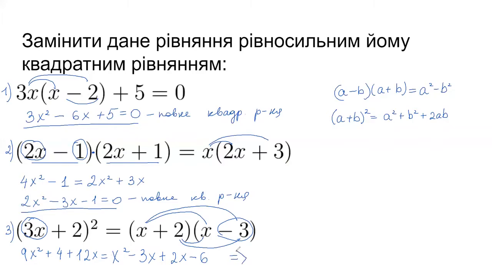Also, we can simplify this equation. So let's see, it would be 8x squared. What happened with the x's? Let's see. It would be 13x plus 10 equals 0. Again, we get a complete quadratic equation.